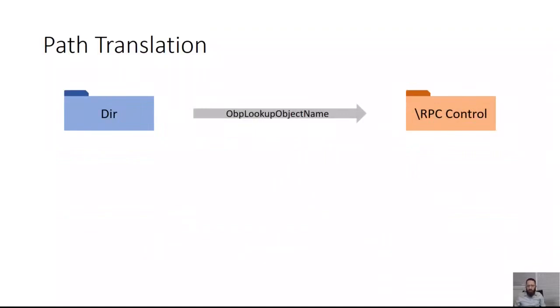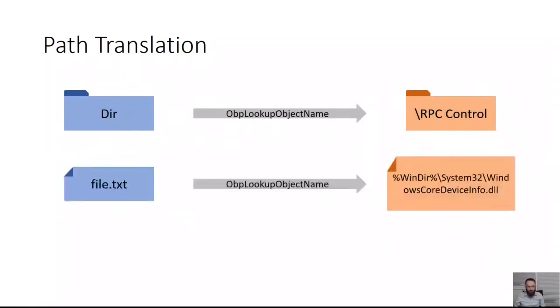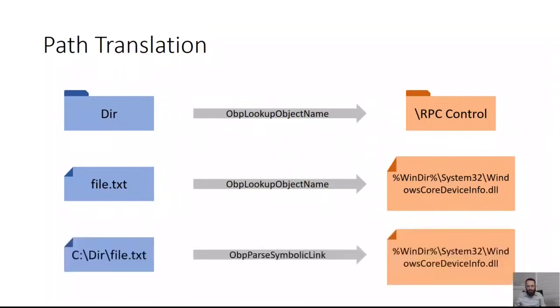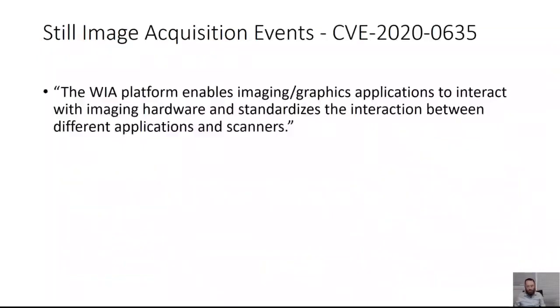The dir directory will be translated to its mount point directory, the object directory \rpc control. And the file name file.txt will be translated to the symlink we created. In this case, the symlink value of C:\Windows\System32\Windows.Core.DeviceInfo.dll. So the create file operation the service did, thinking it works on C:\dir\file.txt, will be reparsed to C:\Windows\System32\Windows.Core.DeviceInfo.dll.